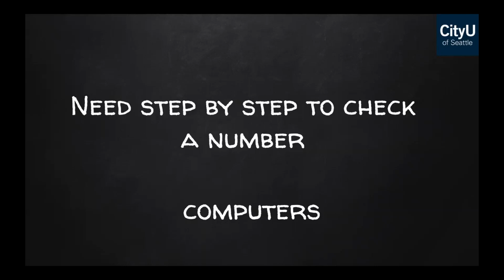They need to go step by step to check a number. So focus on the step-by-step. They either have to go randomly check it, one by one, or go from start to finish, still one by one, or they can do some operations to divide and conquer, but still it's step by step.